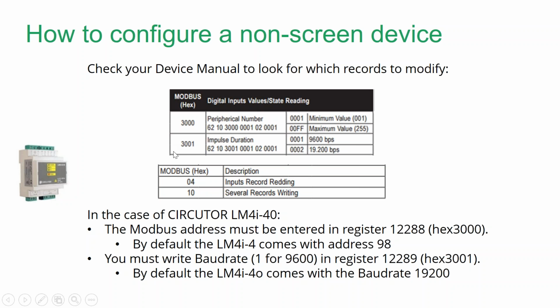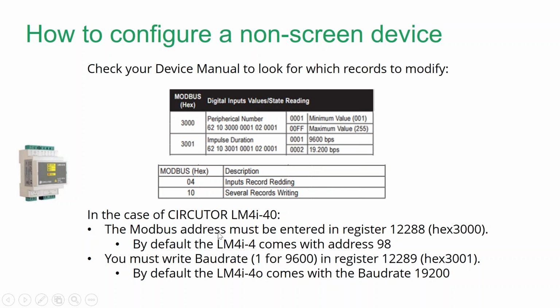Then it says also that at 3001 in hexadecimal, I can change the baud rate from 9600 to other values. How to do this? We'll see it. First, we want to set it to a certain Modbus address and to a certain baud rate, okay?